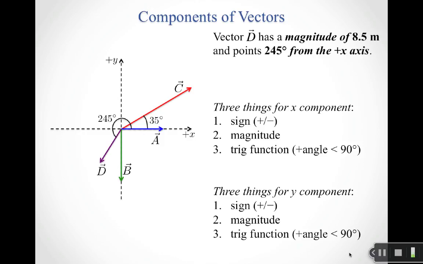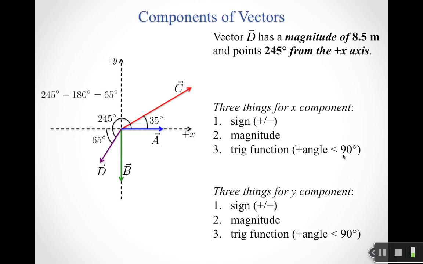Let's pick a fourth vector. Here's vector d, and the first thing I notice is that I've been given vector d as an angle from the x-axis. If I'm going to use this formulation for figuring out the components, I want to make sure I use angles that are less than 90 degrees.